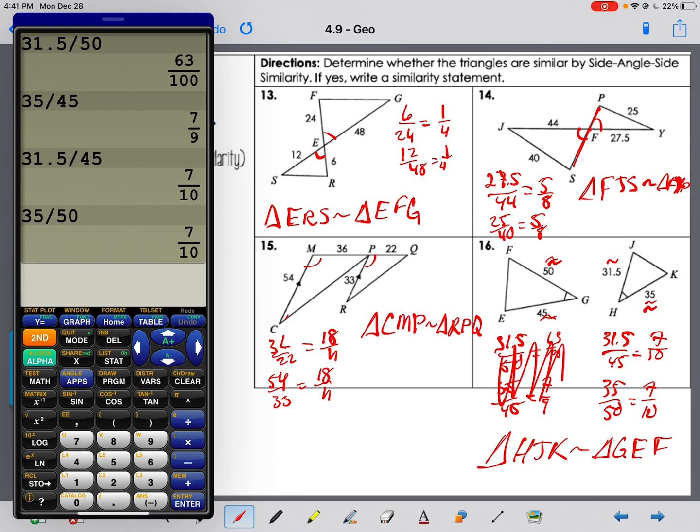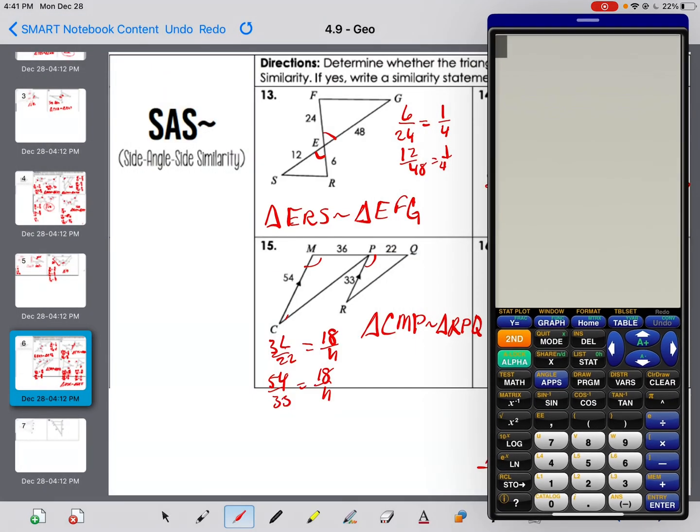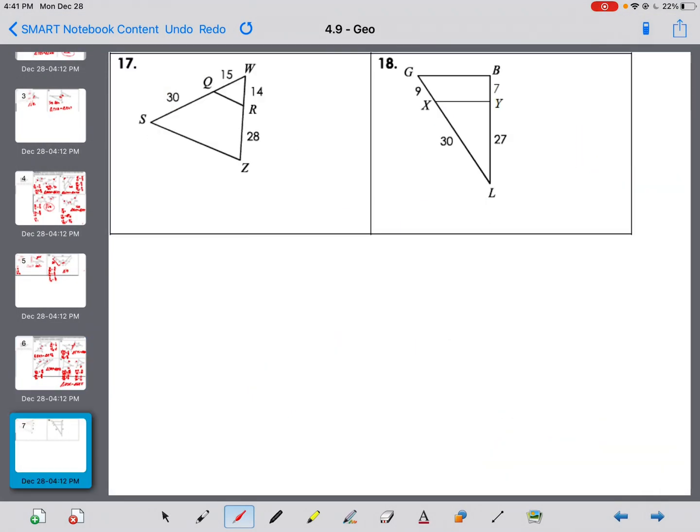See, E goes with J, K goes with F, H goes with G. Nice. Very good. Last 2. Give them a try. Pause it. Try them. See if they're similar. Come back. See how it goes.